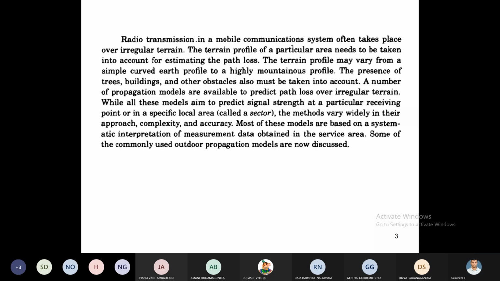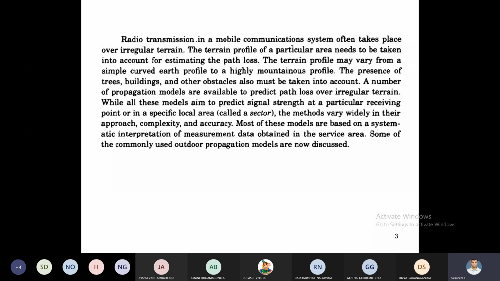But in mobile communication, to transmit a radio signal from base station to mobile station, not only the difference between transmitted power and received power, we have to take into account the terrain contour, the terrain profile of a particular service area or coverage area.